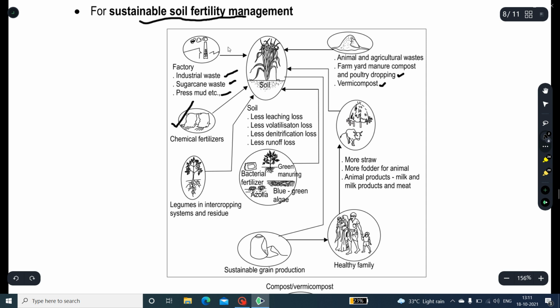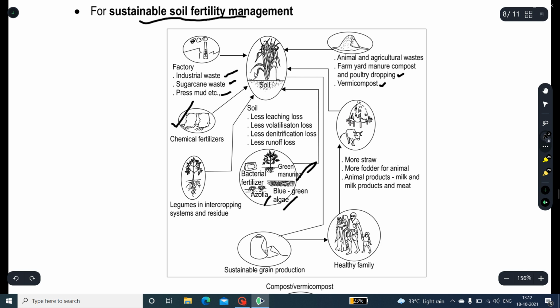These are the sources of nutrients for the soil, and it may also be bacterial fertilizer or green manuring, azolla, blue green algae, etc.